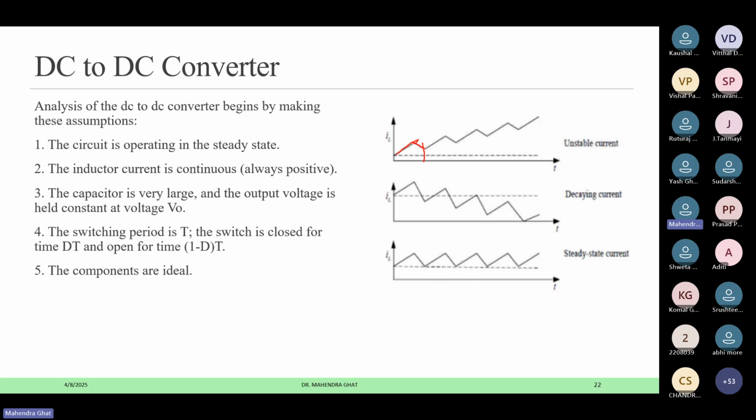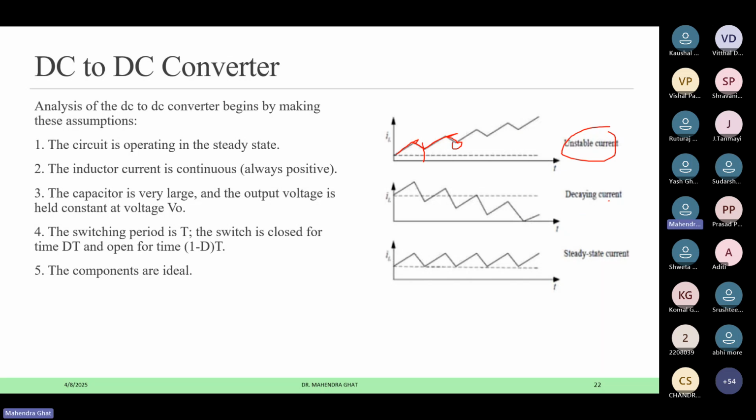Again you switch on, the inductor current starts increasing, and when the switch is off it goes to this value. In either case it does not come back to our initial value, so it is an unstable current. The inductor current is again and again getting increased here. That is the unstable case.